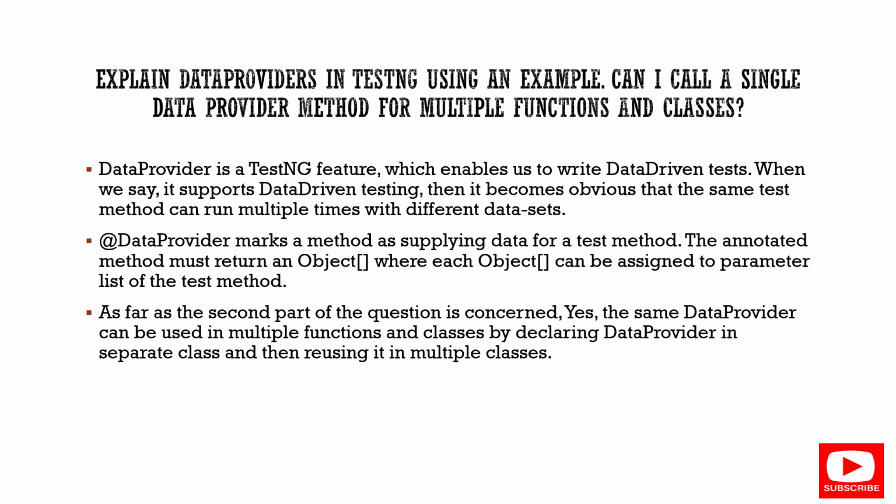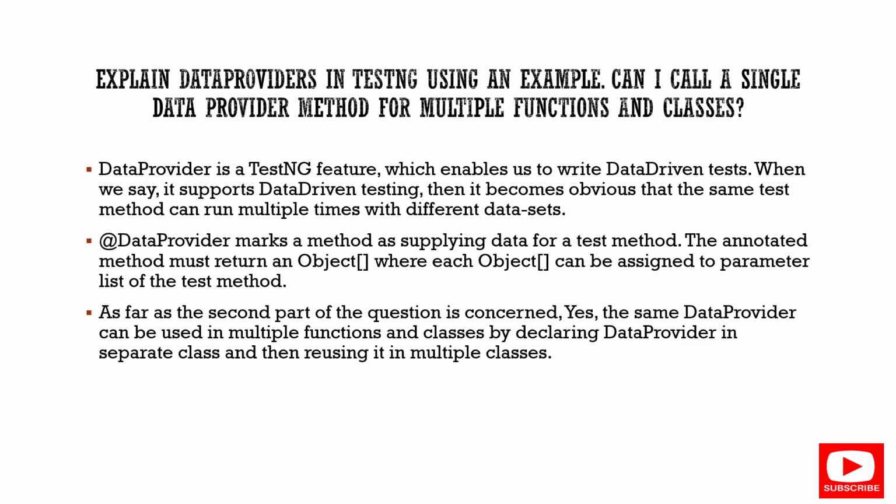This is one part of the question, and the next part is that the data provider marks a method as supplying data to a test method, and the annotated method must return an object, where each object can be assigned to the parameter list of the test method. Why is it mentioning the object?